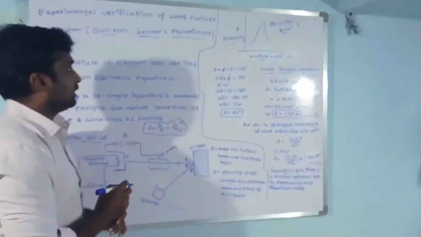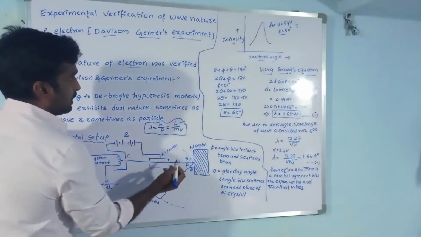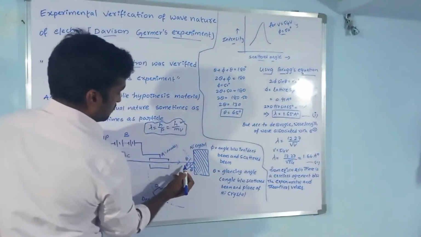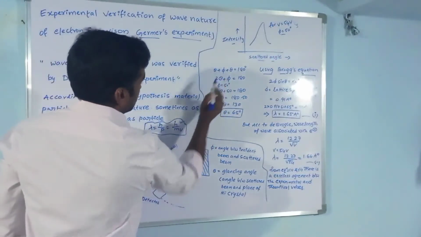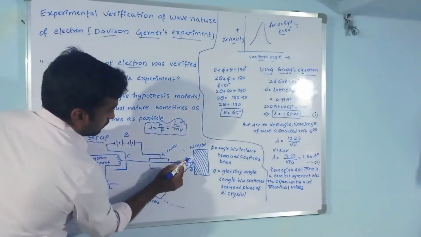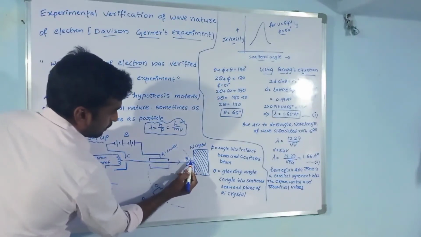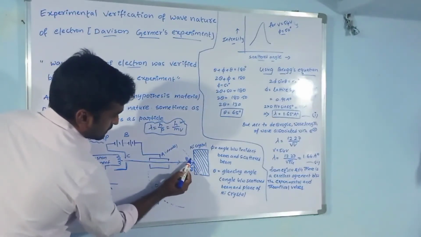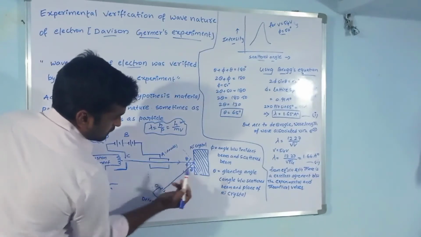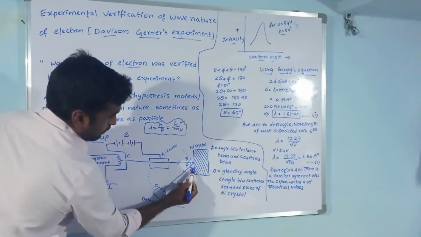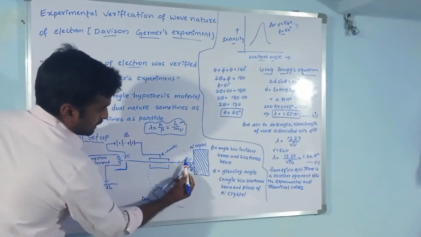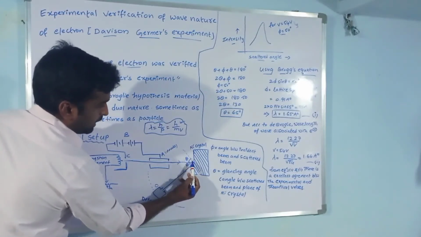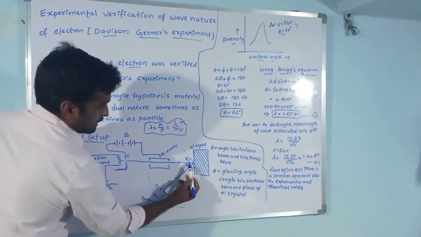So okay, now what is the angle? This is 50 degrees. If we calculate the total angle from this point to this point, this is total 180 degrees. This is theta, the angle between the plane of the nickel crystal and the incident beam.